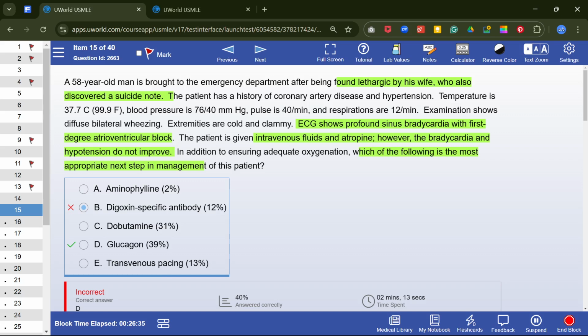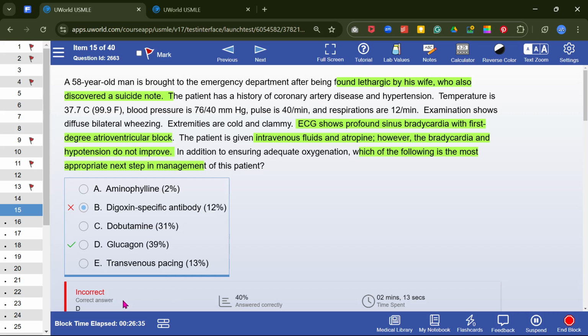It is some sort of toxicity. Digoxin toxicity will cause AV block, yes, but wouldn't cause bradycardia like this, so digoxin rules out. It is not the answer.